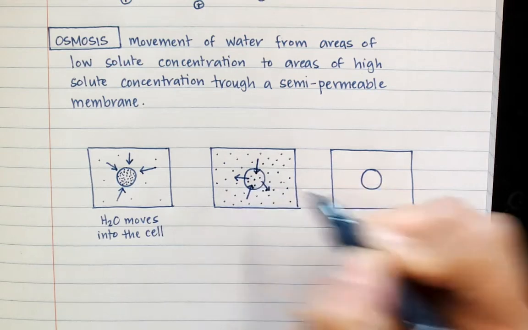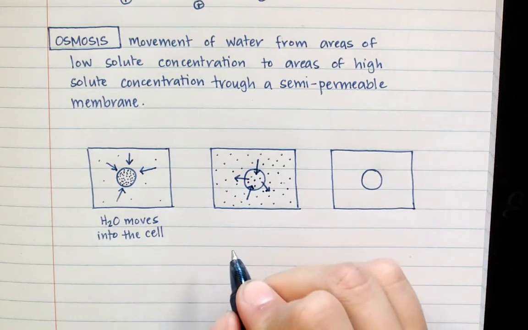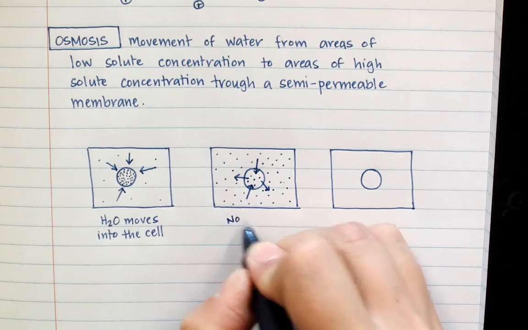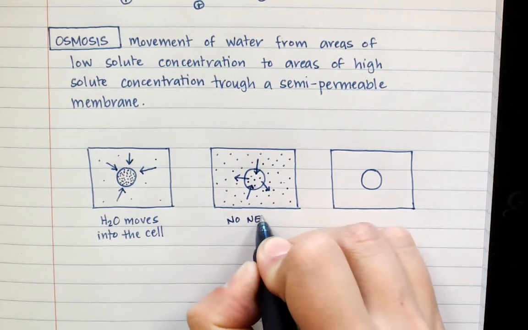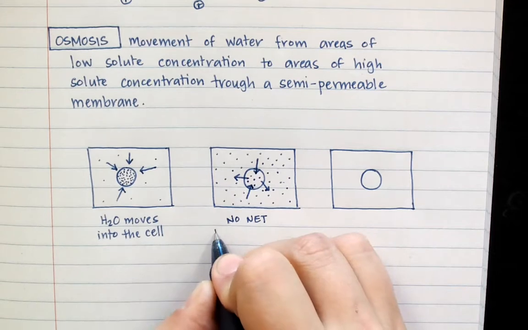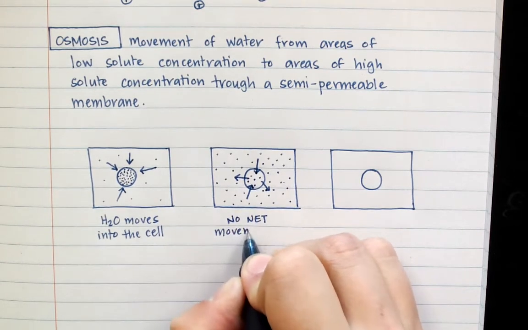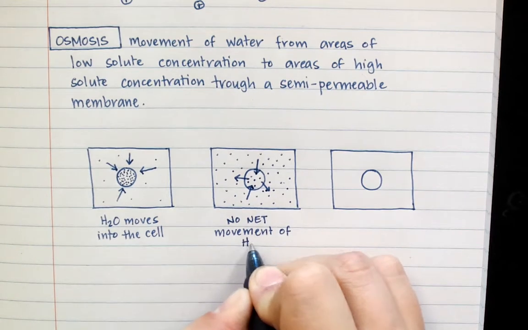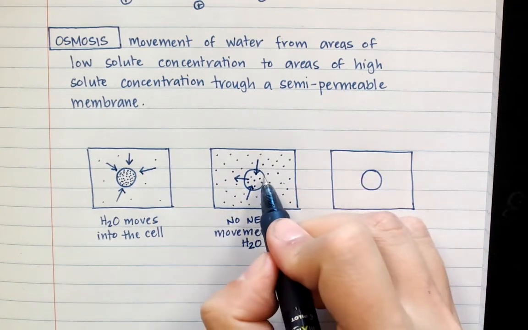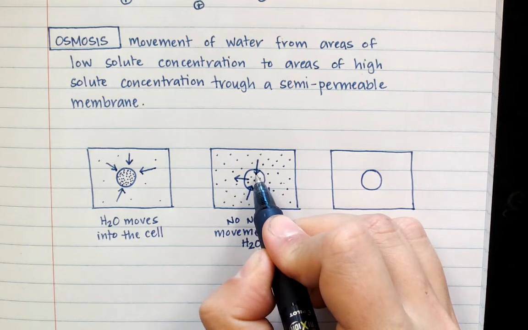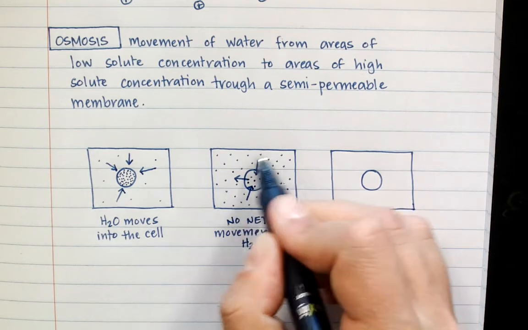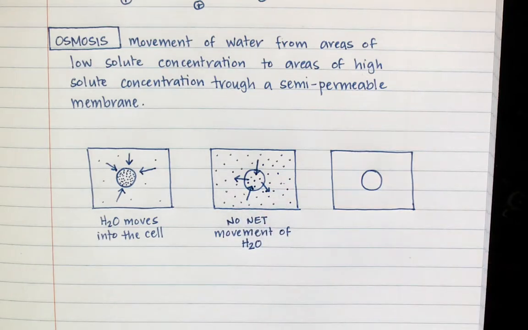However, in this instance, there is no net movement of water. So for every water molecule that moves in, a water molecule will move out because this is already at equilibrium.